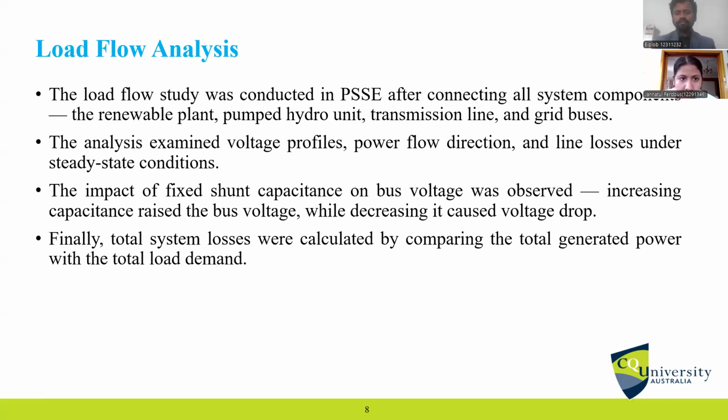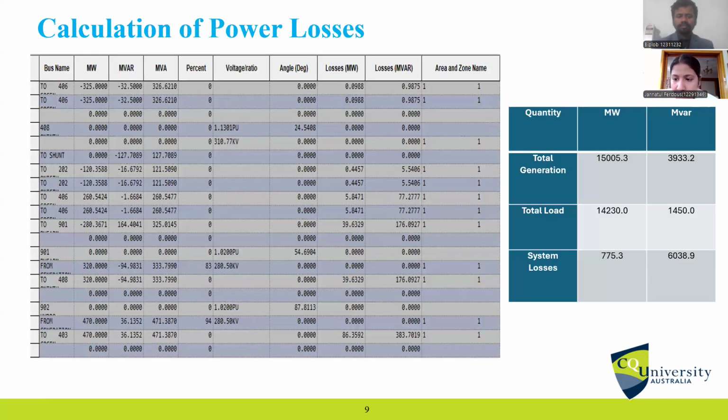And then the next one is calculation of power losses. This slide focuses on the calculation of power losses across the system. After connecting all major components, the renewable plant, pump hydro storage, and transmission line, we used PSSE load flow analysis to determine where energy losses occur.